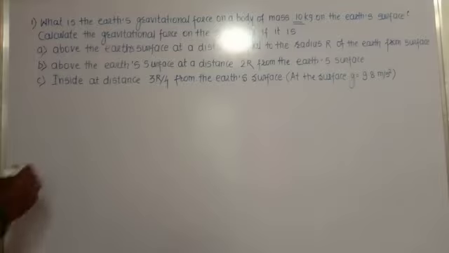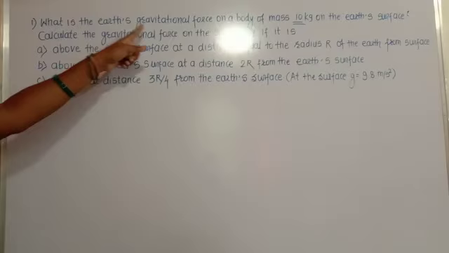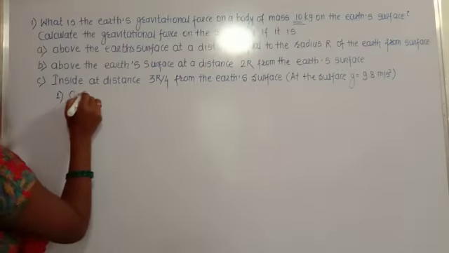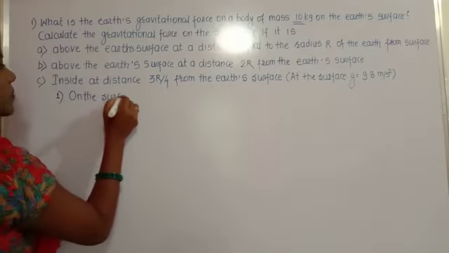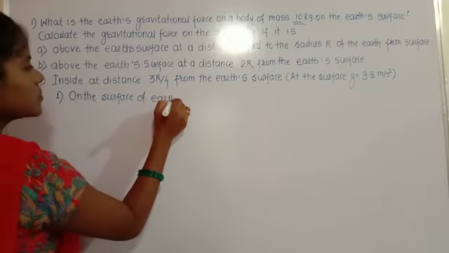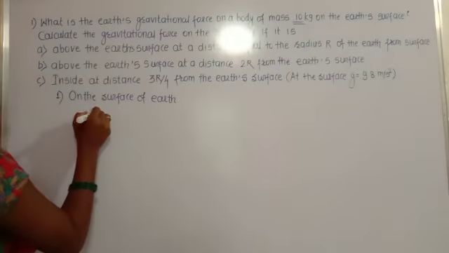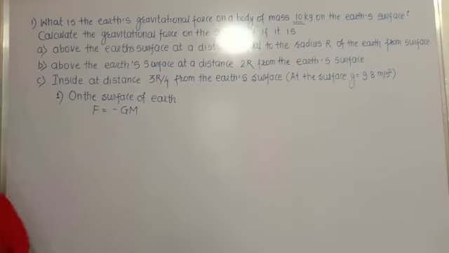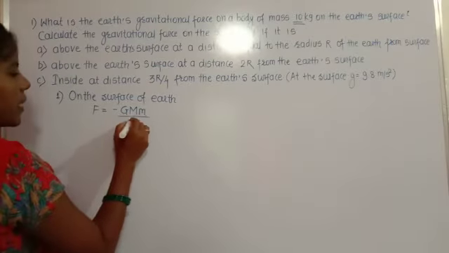First is the simple one: what is the earth gravitational force on the body on the surface of the earth. On the surface of the earth we know that F is equal to minus G capital M small m divided by R square.